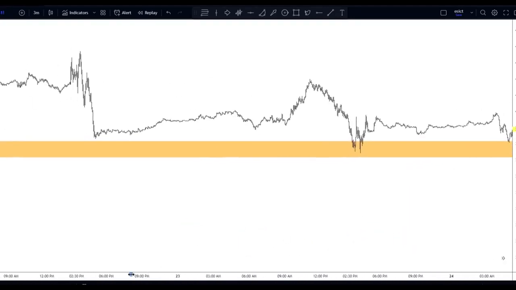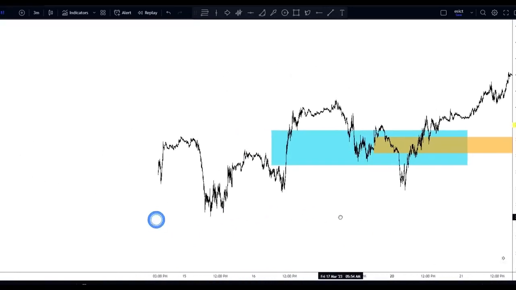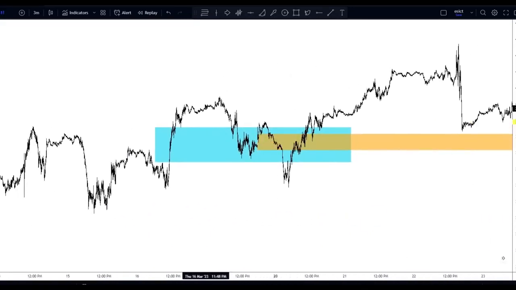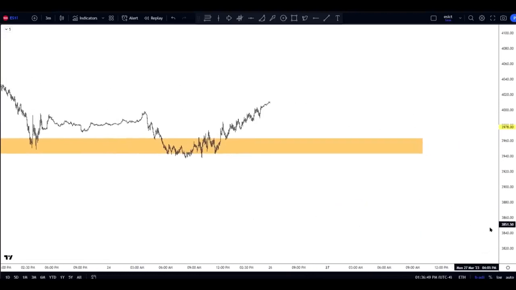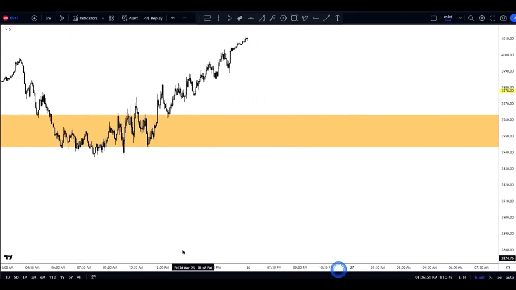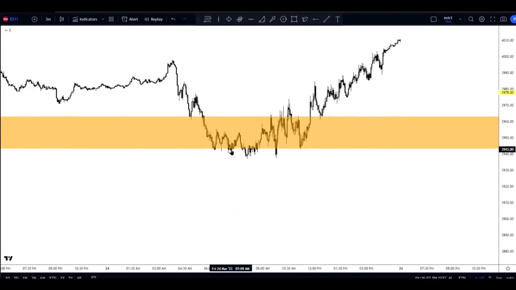So let's find the actual fair value gap where it started. So you can see price came down into here, build it. So then this is the fair value gap on the 4-hour. And then this is the ITOB. And then now that you have a point of interest, this is from this Friday, the 24th.